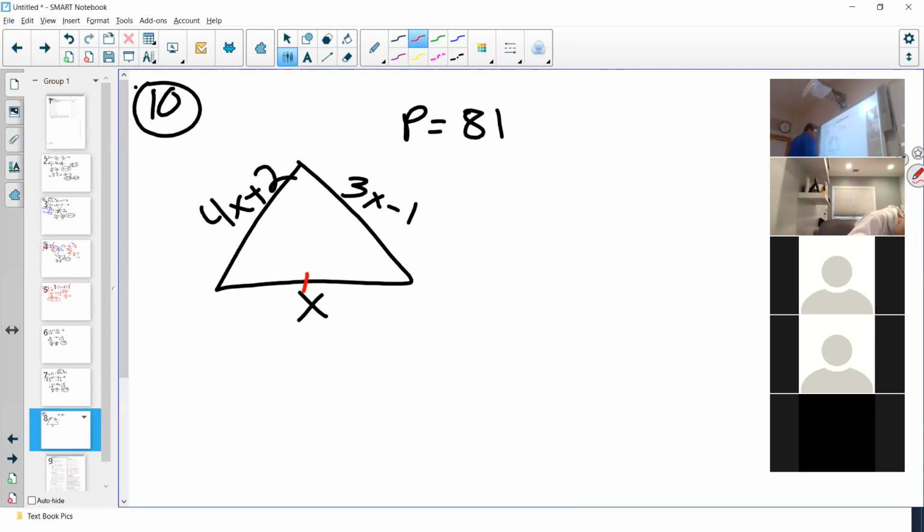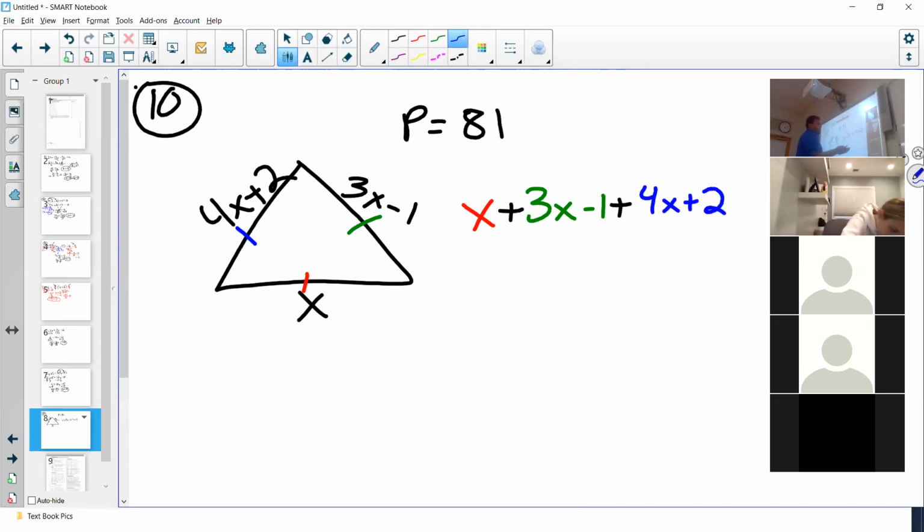So it's this red side plus this green side plus this blue side that makes the perimeter. How I write this is the red side, which happens to be x, plus the green side, which is 3x minus 1, plus the blue side, which is 4x plus 2.